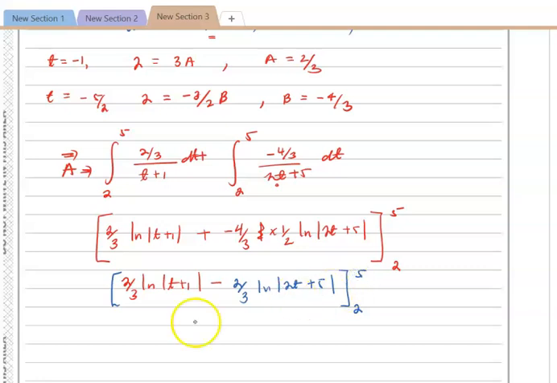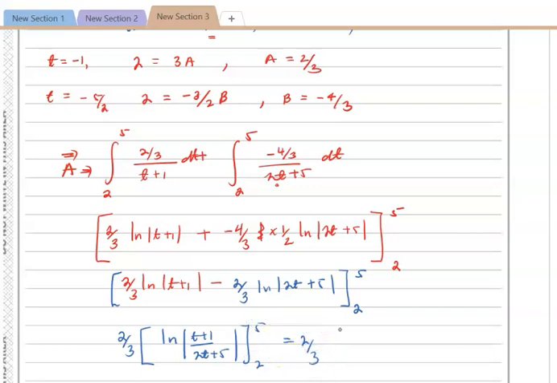For simplicity, I'm going to put this 2 over 3 outside. And when you're subtracting natural logs, you divide. So this is natural log of t plus 1 over 2t plus 5. You don't have to do it like this, but I prefer doing it like this. Now here I have 2 over 3.